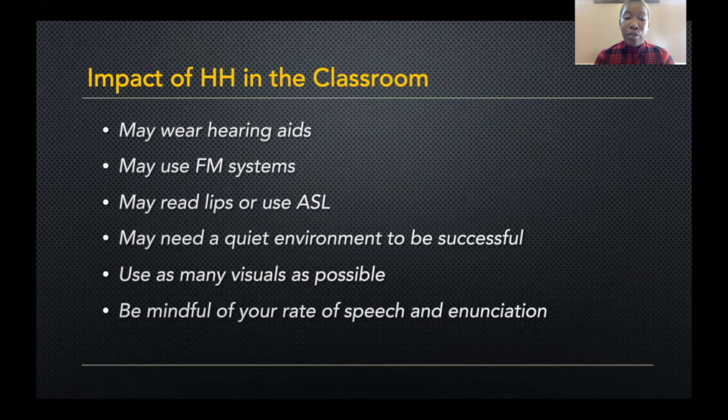So in a classroom that has a student with such an impairment, you want to make sure that it's visually appealing. You want to make sure that student has access to visual aids, things that are going to bring out the content that you're trying to teach. Because again, the aim is for the student to reach his or her full potential.